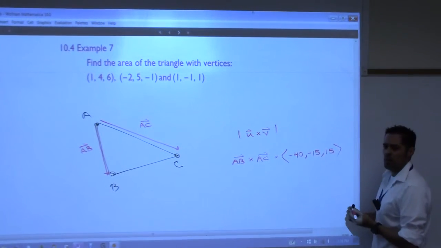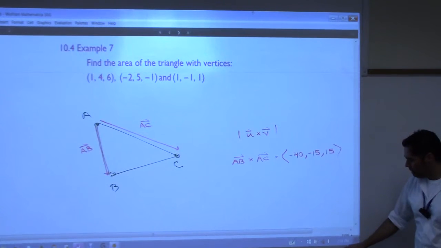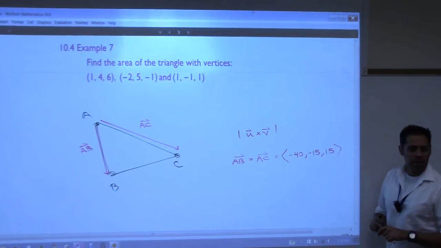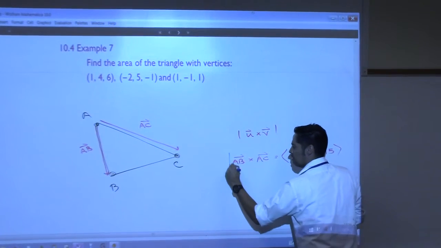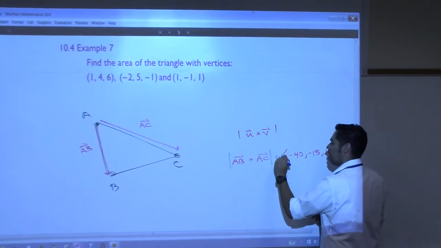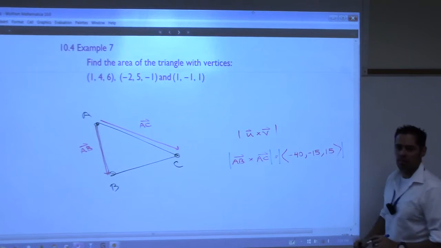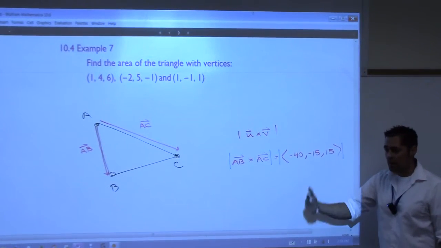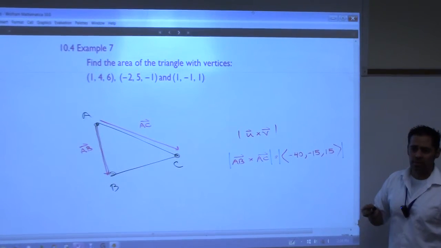And that was the cross product of those two vectors, yes? If I take the magnitude of this, that represents the area of the parallelogram formed by those two vectors.